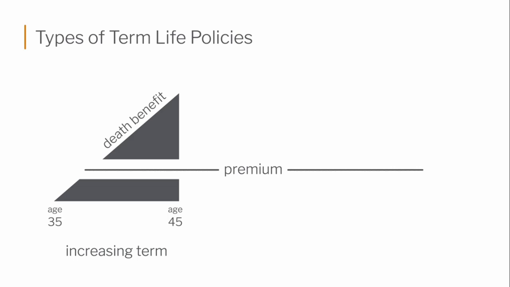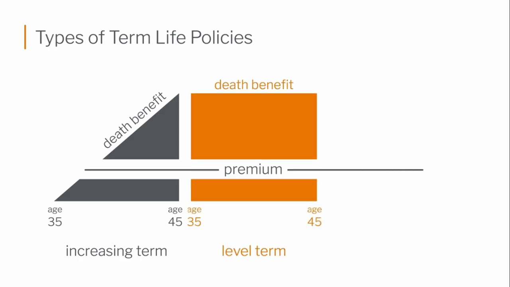The next type of term insurance, kind of a special version, if you will, is called level term. For a period of time, and you choose the period of time, it can be a 5, 10, 15, 20, or even 30-year level term. It means that the premium stays level as well as the death benefit for that period of time.